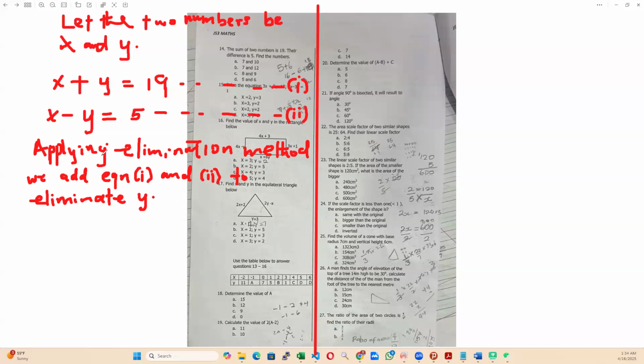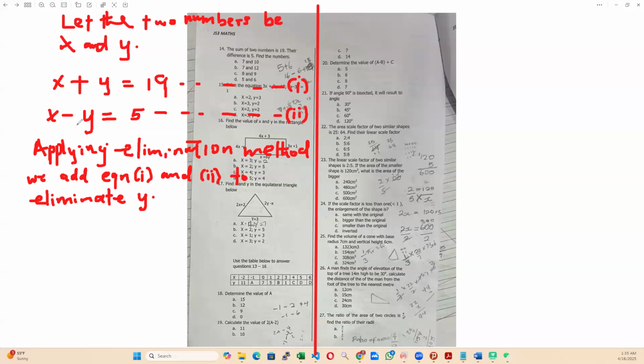But here we are just adding the two. Why are we adding directly?